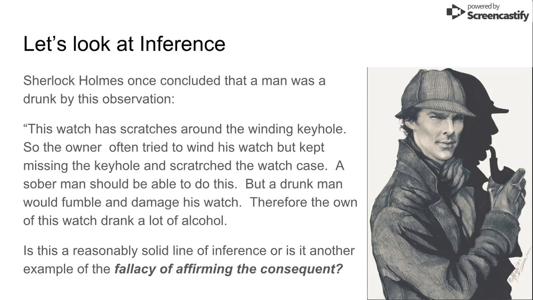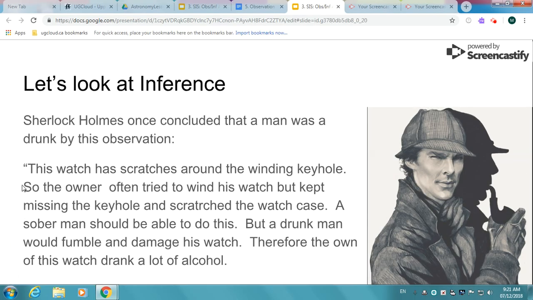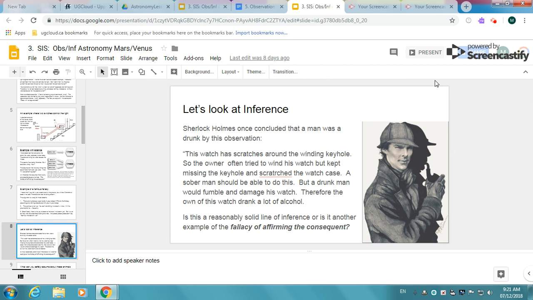So he concluded that the owner often tried to wind his watch, but kept missing the keyhole and scratched the watch case. A sober man should be able to do this, but a drunk man would fumble and damage his watch. Therefore, the owner of this watch drank a lot of alcohol. Is this a reasonably solid line of inference, or is it another example of assuming the fallacy of the consequent?